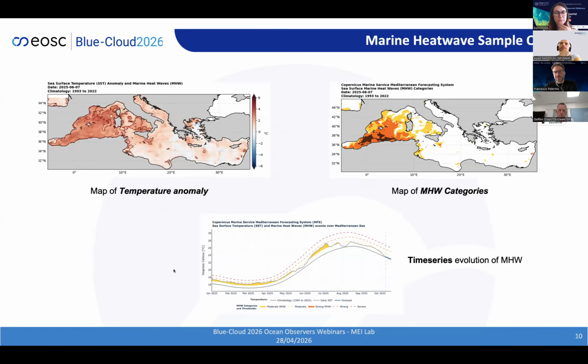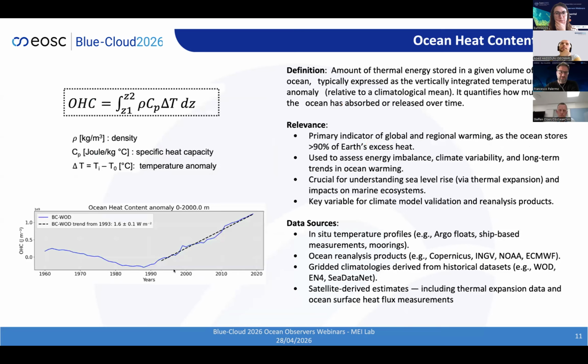A few screenshots about the outputs available for this indicator: the map of the temperature anomaly, the map of the marine heat wave categories, which are divided by different levels of category, and the time series for looking at the evolution of the marine heat wave.